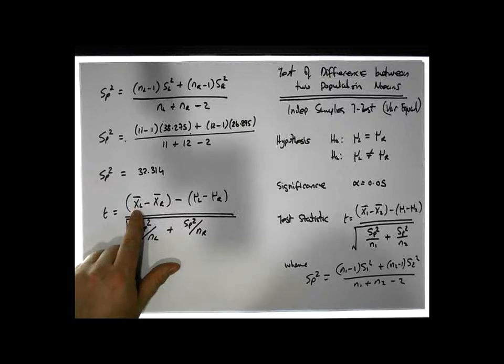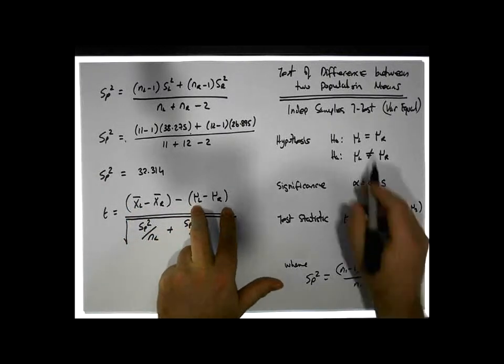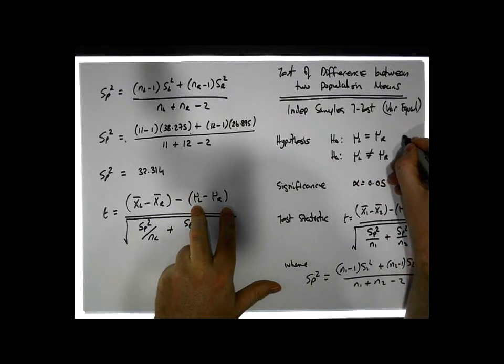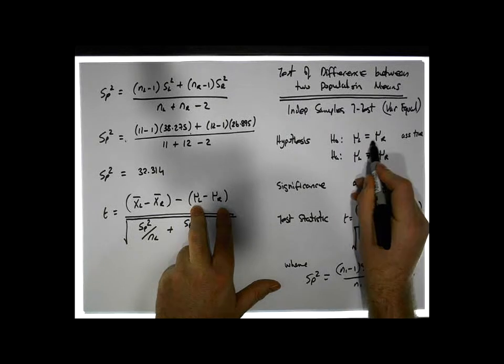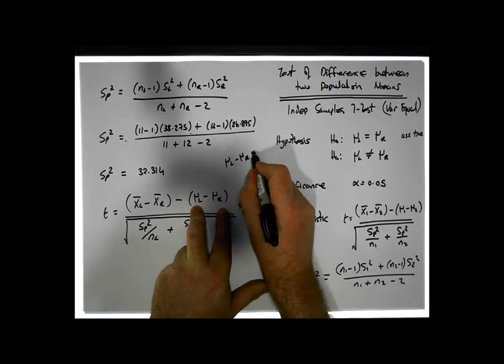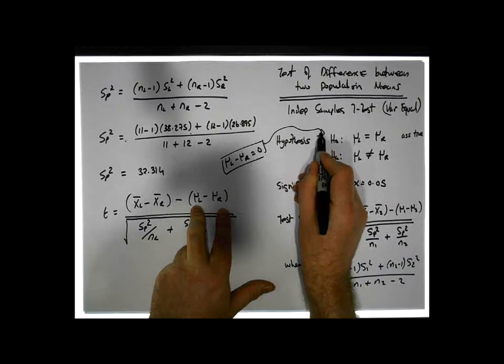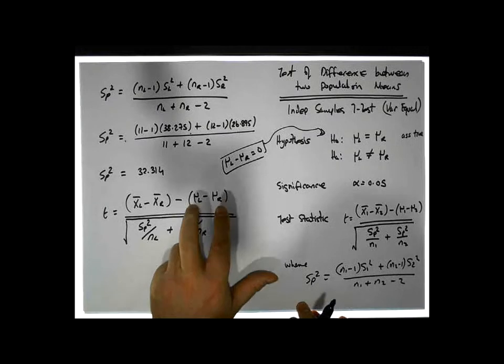Under the null position, which we assume to be true, mu of L is equal to mu of R, which means that mu of L minus mu of R is equal to 0. So this is actually 0.